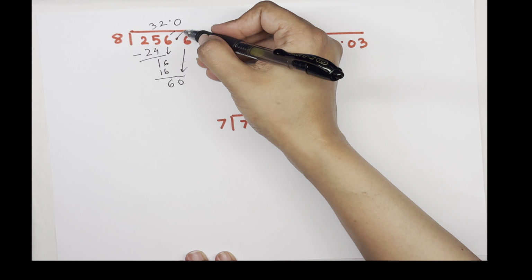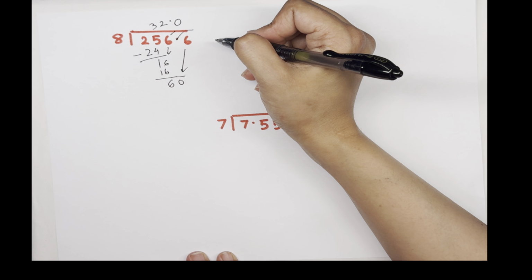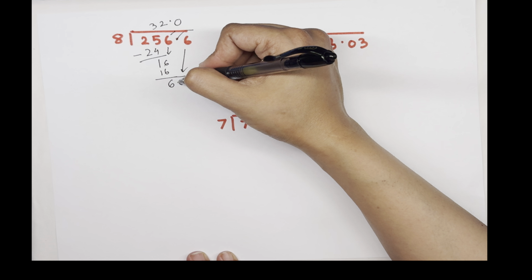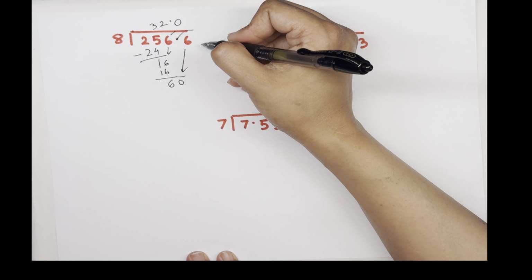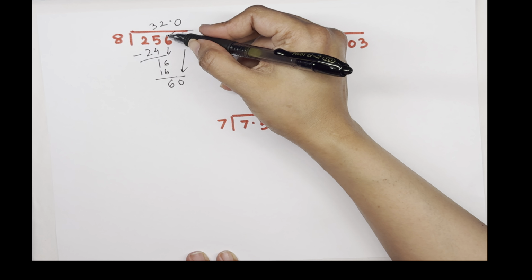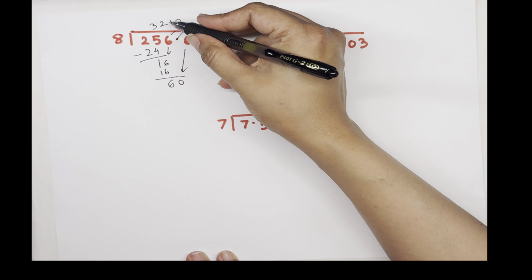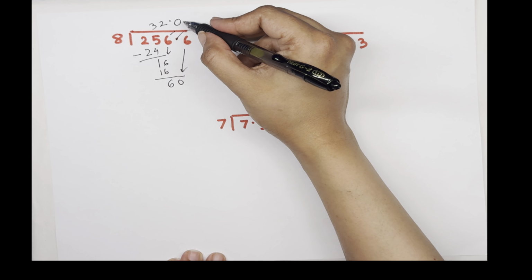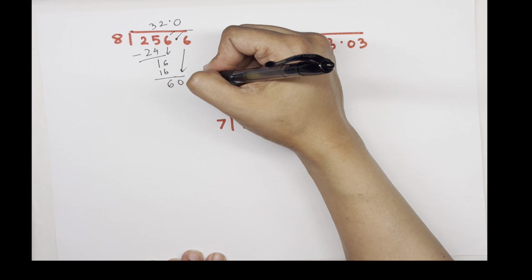The reason I put the 0 is because the decimal rule is if you put a number down, it definitely should go. If it is not going and you have to bring more digits down or borrow a 0 because the decimal is there, you have to put a 0 there. So I put a 0, now I can borrow a 0.